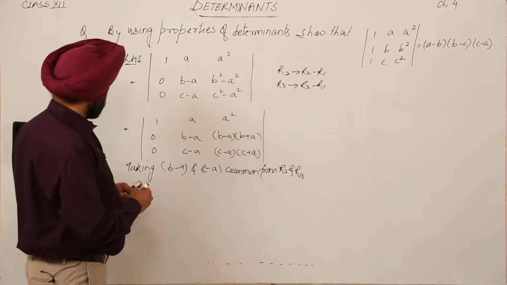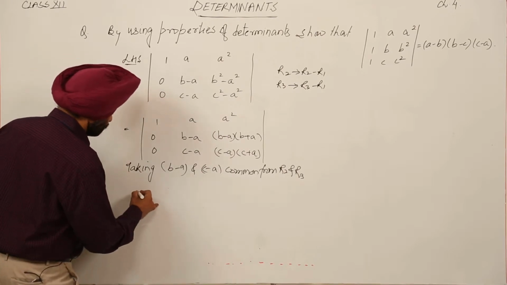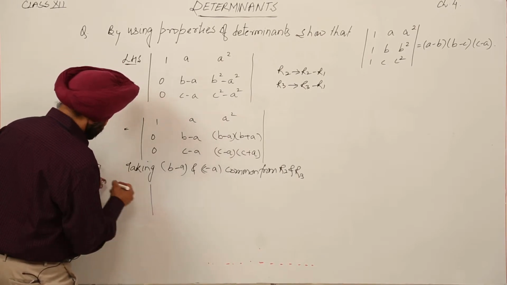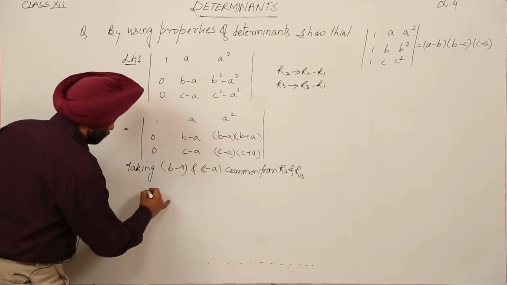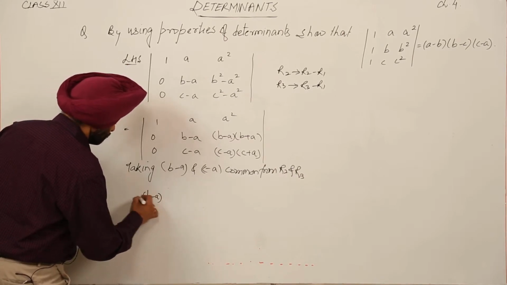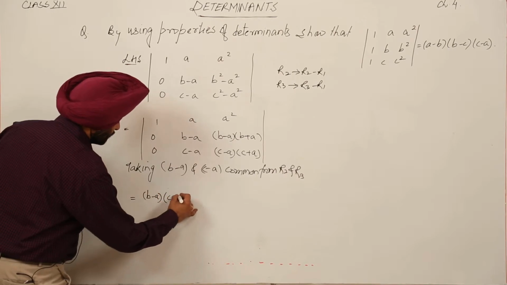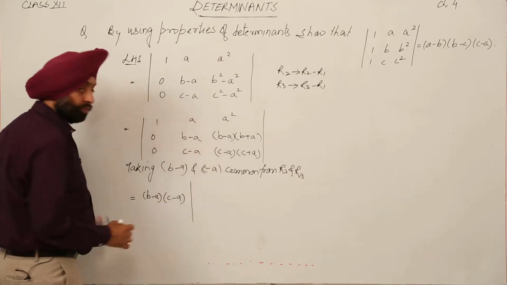Now what are we getting? For this part we got b minus a, then c minus a. Now what is left?